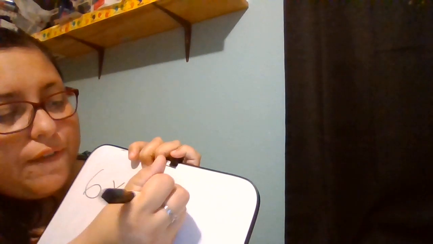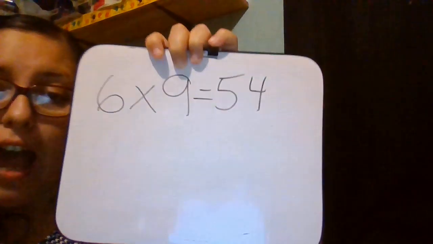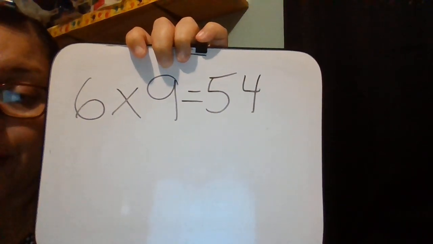And we know for a fact that if you know your multiplication, for example, 6 times 9, let's go ahead and write it down. I know 6 times 9 equals 54.